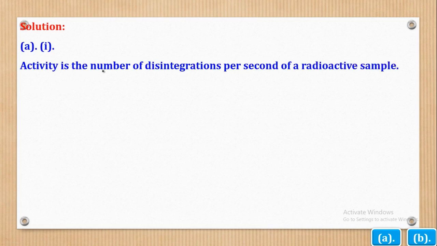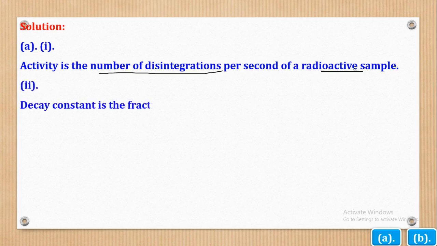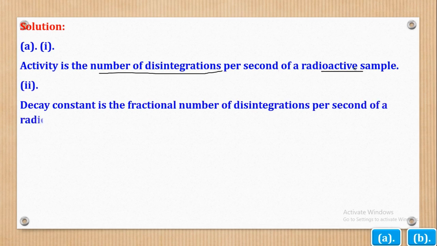So activity is the number of disintegrations per second of a radioactive sample. What about decay constant? So decay constant is the fractional number of disintegrations per second of a radioactive sample.